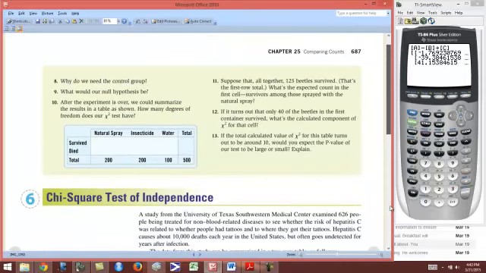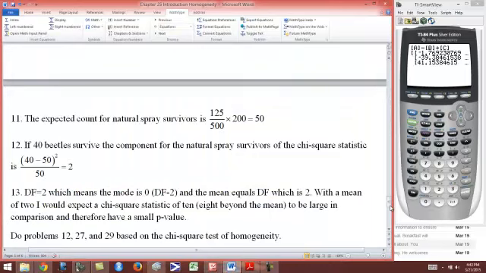So 125 out of 500 times 200 is 50. So we expect 50 to survive out of 200, in other words, 1/4. 40 beetles survive instead of 50, so the chi-square statistic: the actual minus the expected, squared, divided by the expected, which turns out to be a nice even number, 2.